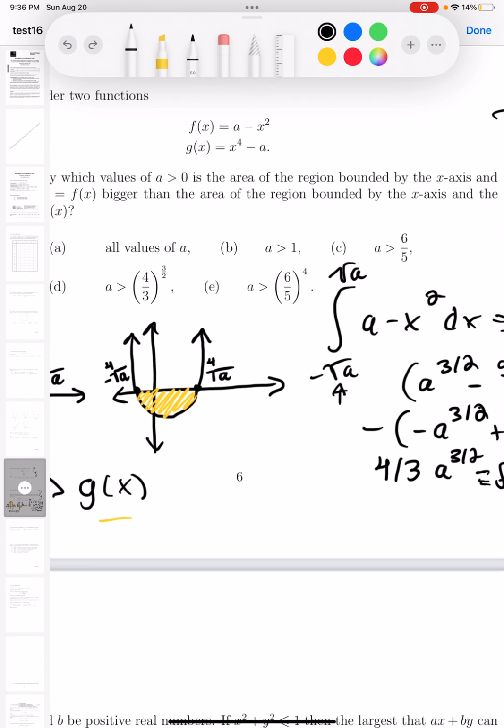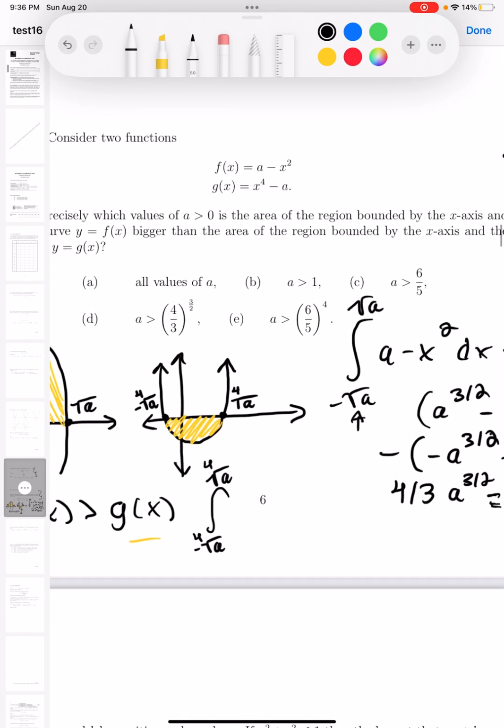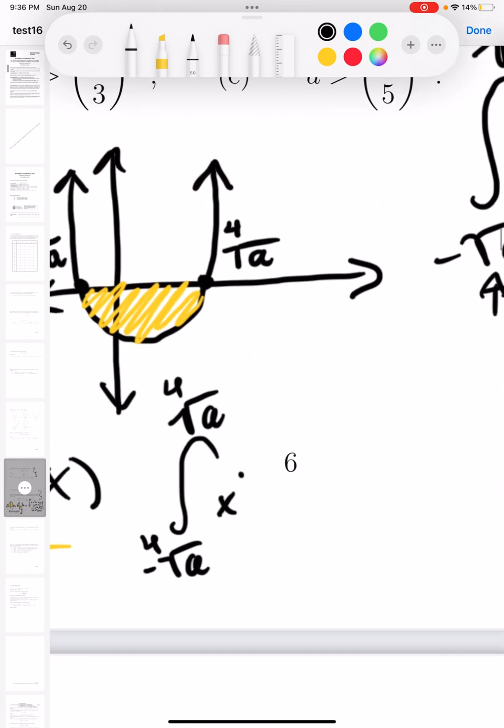So let's say the integral from negative fourth root of a to the fourth root of a of g of x dx.